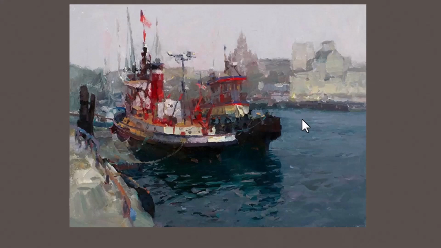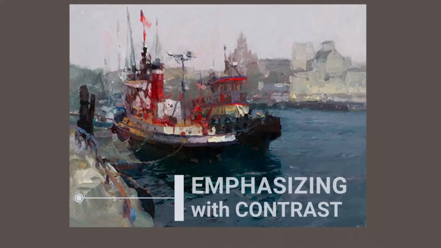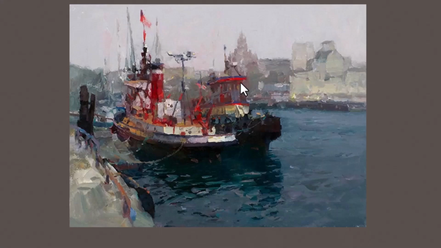Now, a third element to those two techniques is emphasizing with contrast. And what we're seeing here is the emphasizing of the low saturation in the distance with the higher saturation within the positive space itself.